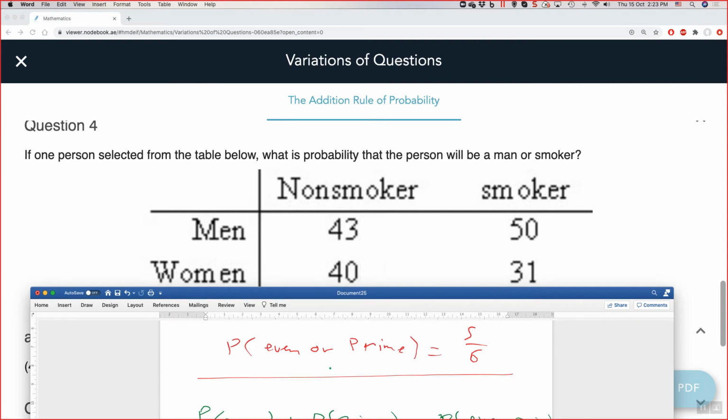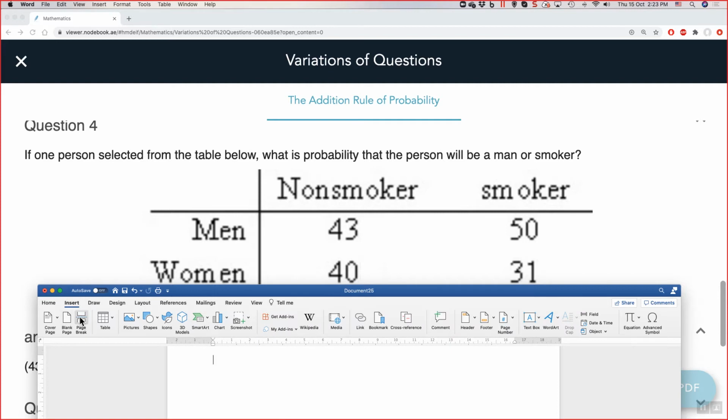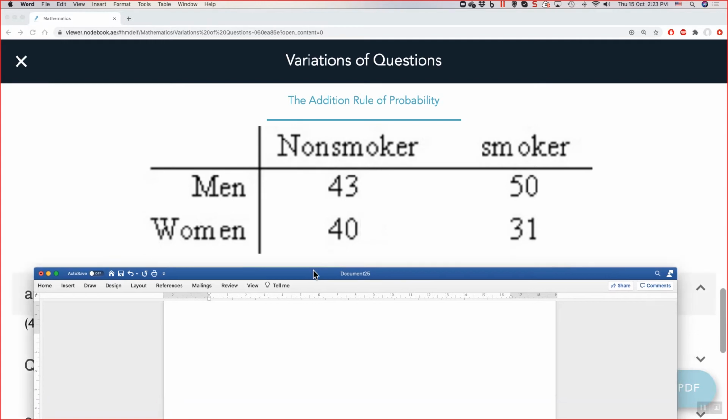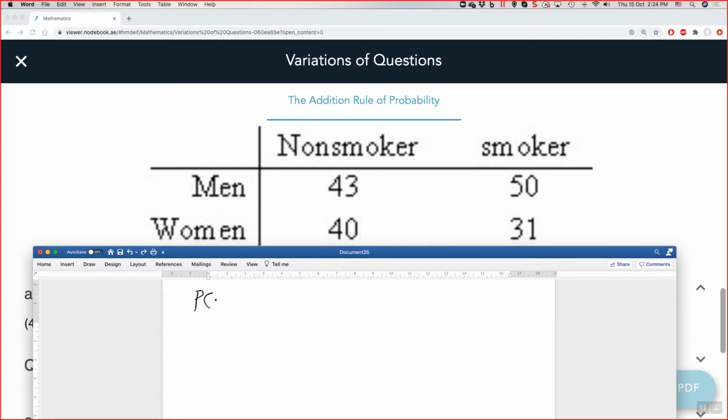So in this case, let me just open a small window for the possibility if I want to apply the rule. Okay, so if I wanted to apply the rule, I would say he wanted the probability of being a man, or smoker.